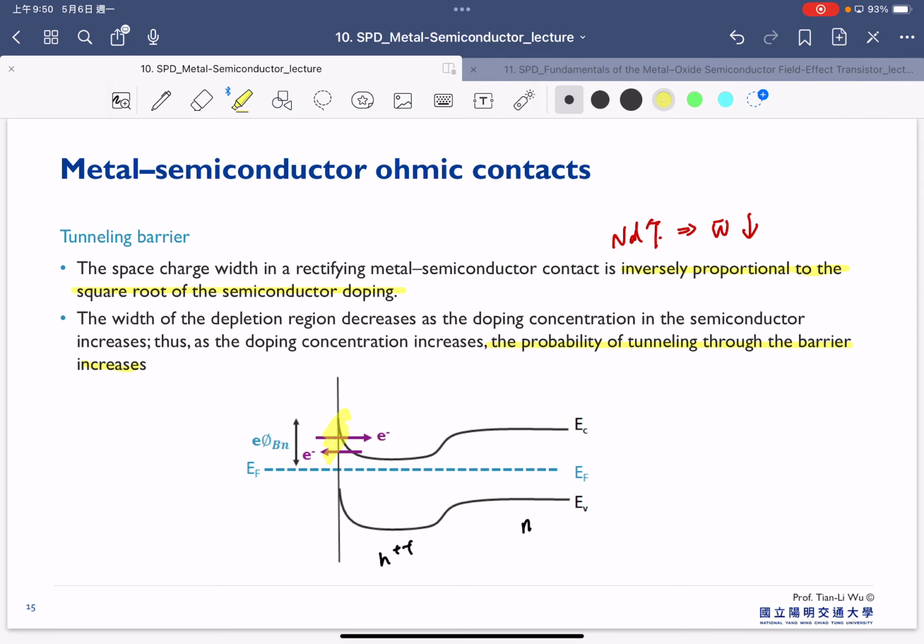The depletion width is very narrow. And once we have a narrow depletion width, there's a chance that the electron is able to tunnel through the barrier here.